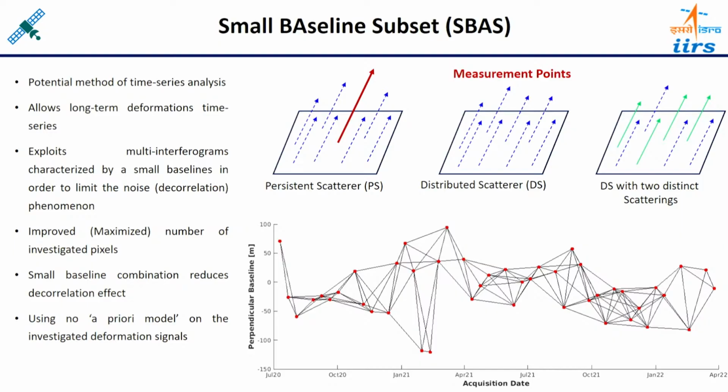So the relaxation is, it is not necessary to generate all 4950 interferograms if 100 images are there, because out of 4950, most of the interferograms have similar information, or you can say redundant interferograms, just like in the case of hyperspectral remote sensing.